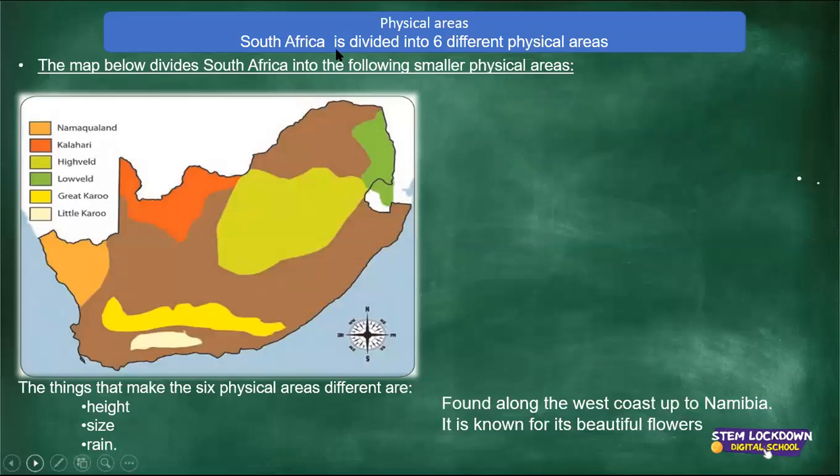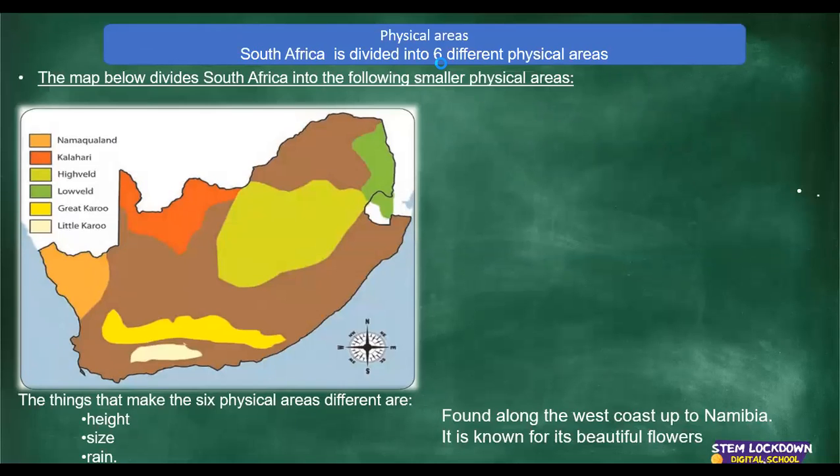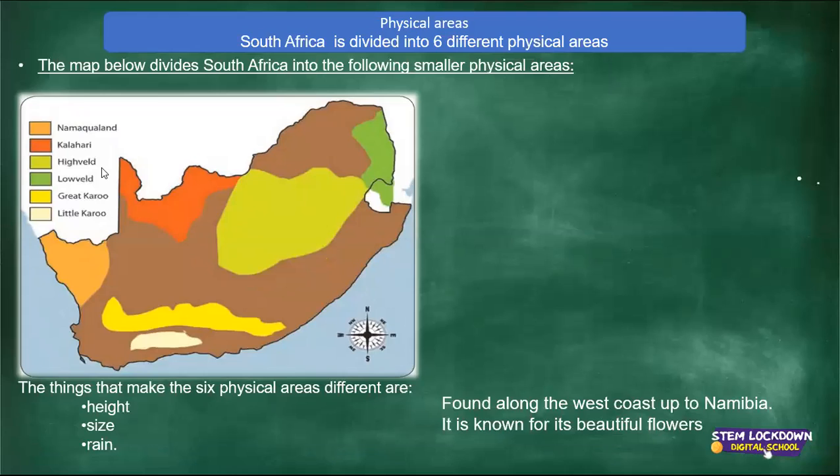South Africa is divided into 6 physical areas, as I've said. When we look on those keys, we can see that South Africa has been divided into 6 physical areas. And when looking at the map, we can tell that the Namaqualand is this one.